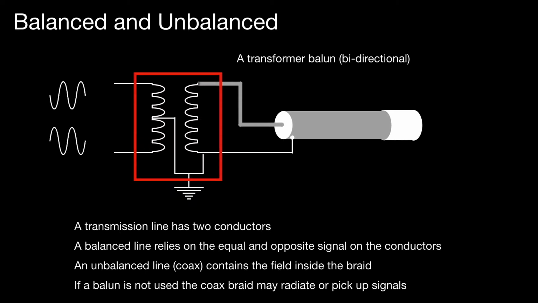And this plays into the EMC chapter of the Advanced book. In the receive direction, it means that household devices, perhaps near our system, might radiate into the coax and therefore get into the receiver. So it can cause us interference from other devices because the braid is no longer containing the signal completely within the coax.